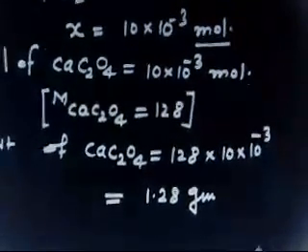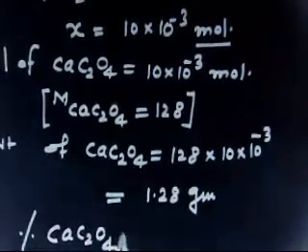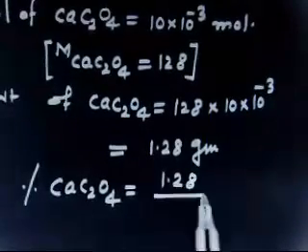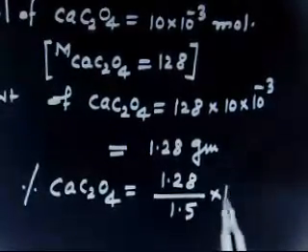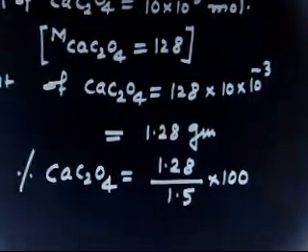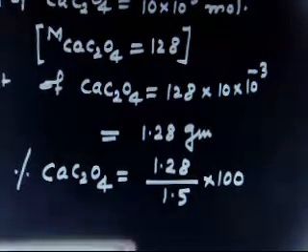Are you getting? So what is the percentage of CaC2O4? So percentage of CaC2O4 will be 1.28 divided by 1.5 into 100, because the initial sample was 1.5 gram. So let us calculate this value. I think you have copied this one.